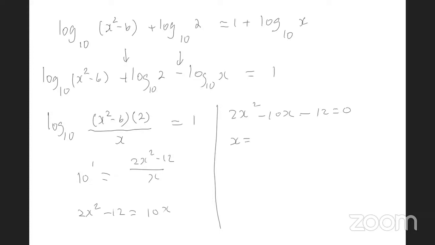So I got 6 and minus 1, but this one is not valid, right? That's not valid.